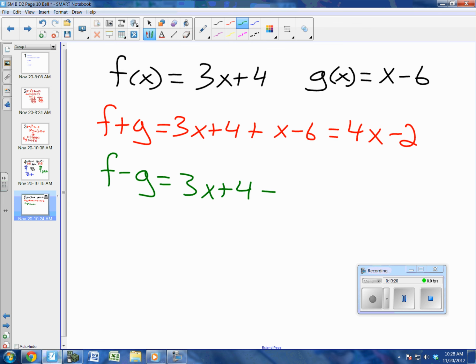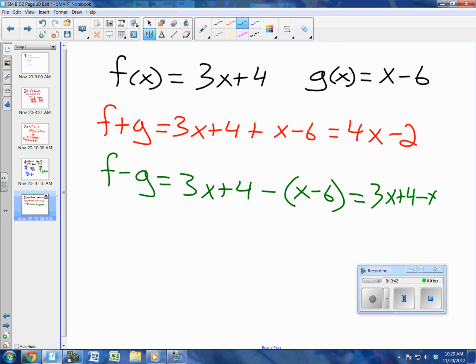3x plus 4 minus x minus 6. Now, you guys, whenever you subtract, you have to use parentheses on that second one. Okay? And instead of this being a positive x, this is going to be a minus x.